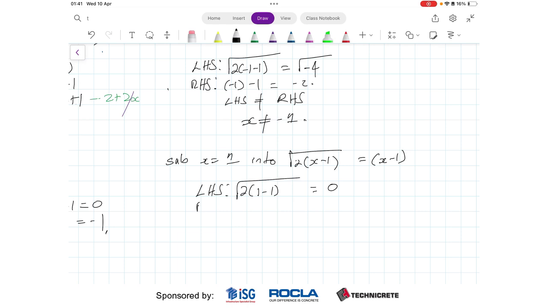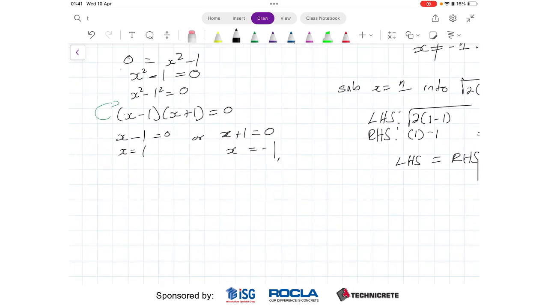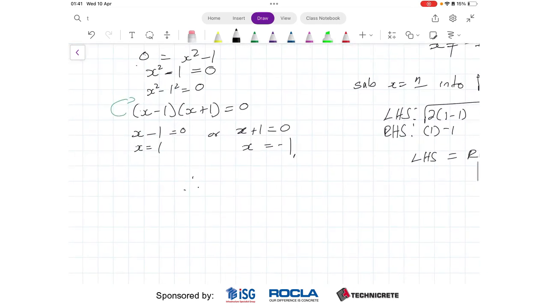And then the right hand side, you then get 1 minus 1, which is 0. Here, the left hand side is equals to the right hand side. Therefore, your final conclusion, x must be equals to 1 and x cannot be equals to minus 1.